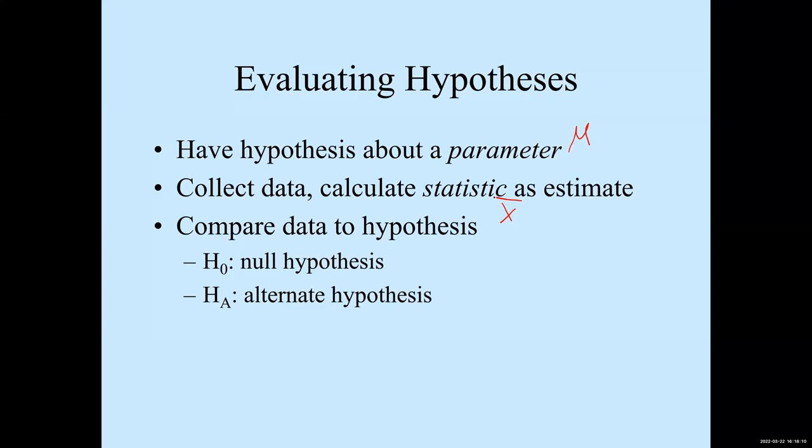But we have to have two hypotheses. The reason for that is that we want to have a complete sample space S. The only two things that can happen are H sub 0, the null hypothesis, and H sub A, the alternate hypothesis.